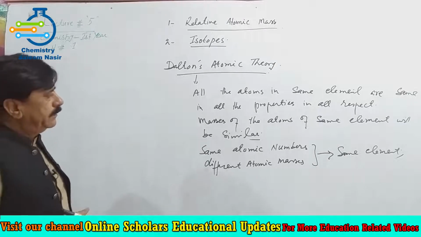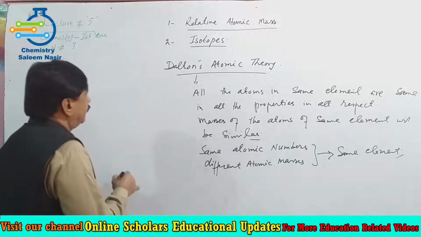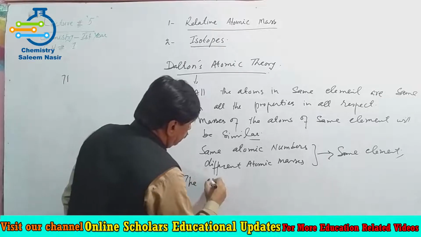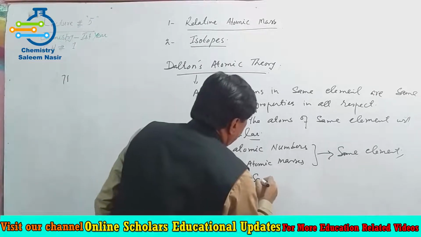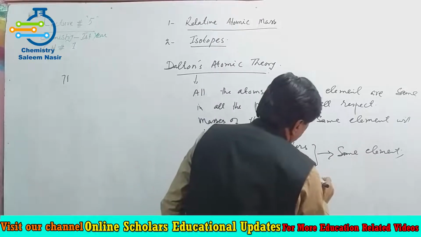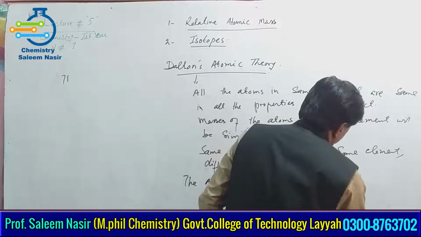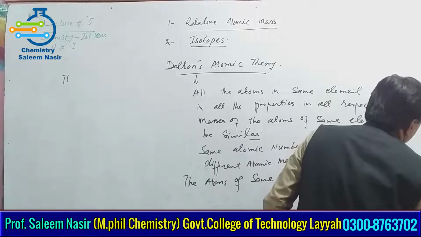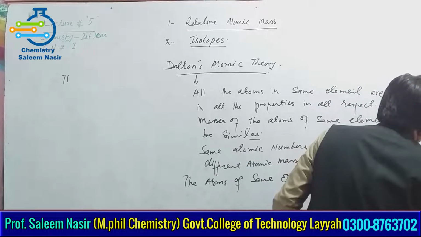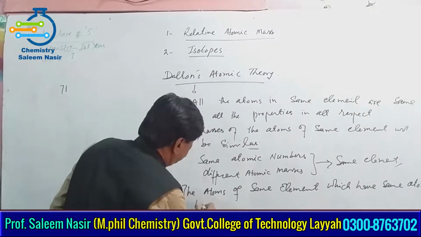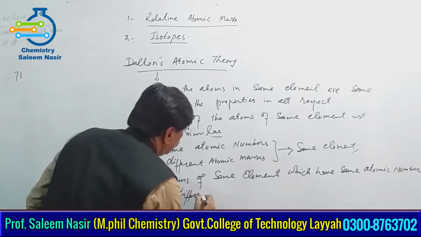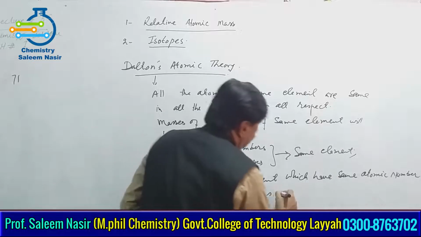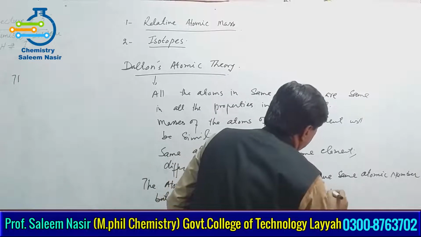So, it was further defined that the atoms of the same element which have the same atomic number but different atomic masses are called isotopes.